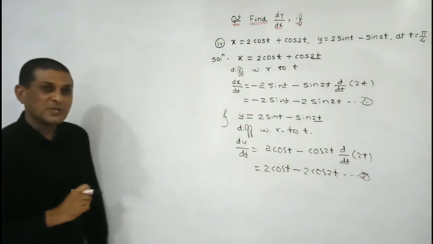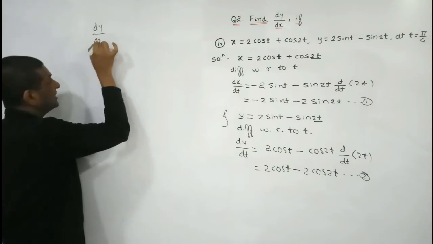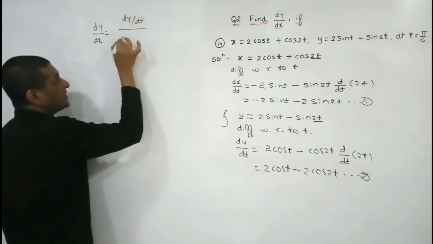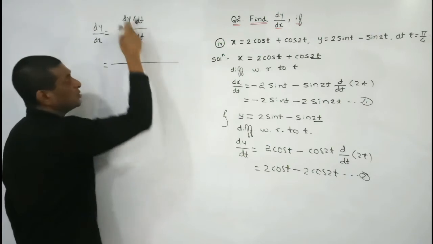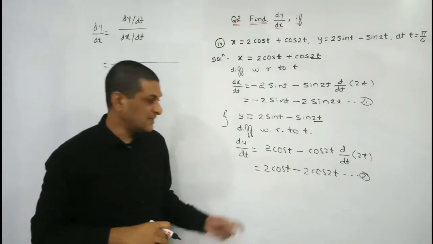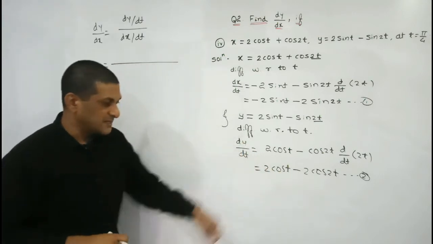Once both the values are known to us, find out the value of dy by dx applying our theorem to find out derivative of parametric function. The dy upon dx is equal to dy upon dt divided by dx upon dt. Both the values are known to us, which we have denoted by equation first and second. From equation second we are substituting the value of dy upon dt in the numerator.